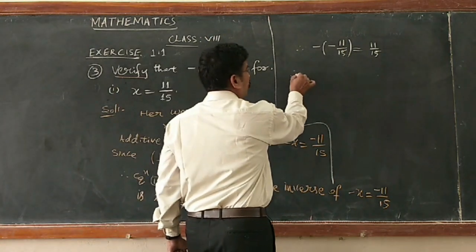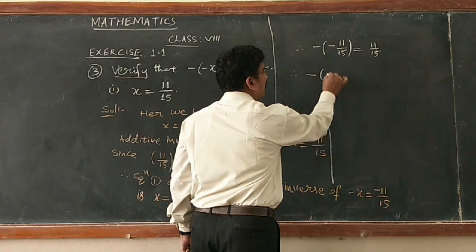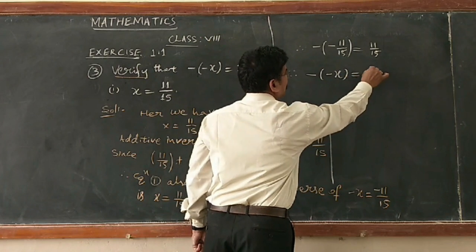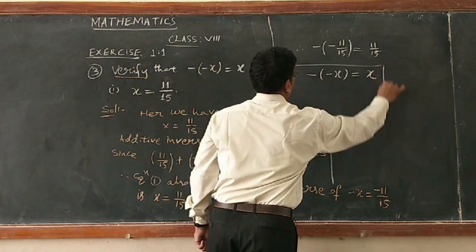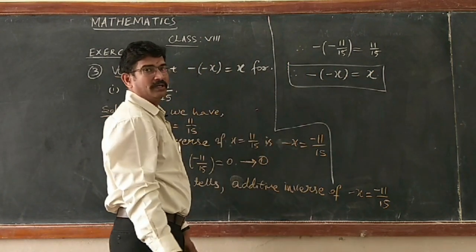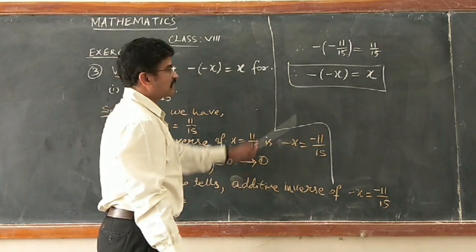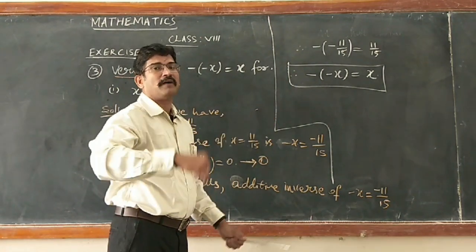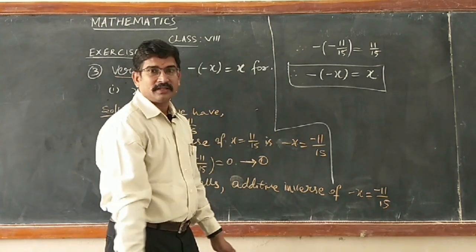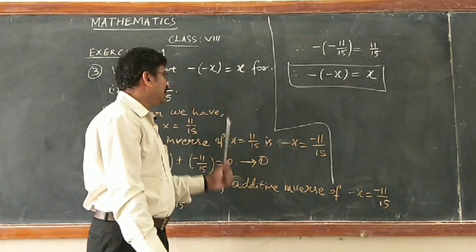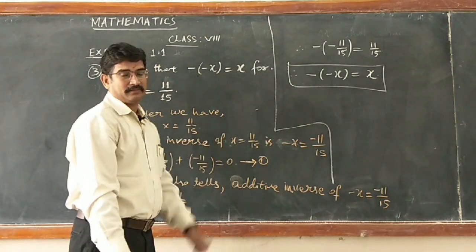So therefore what I can say, minus of minus x equal to x. That's how we proved. Okay children, so that's how this property has come. Negative of a negative number is positive. The property came from the additive inverse property.